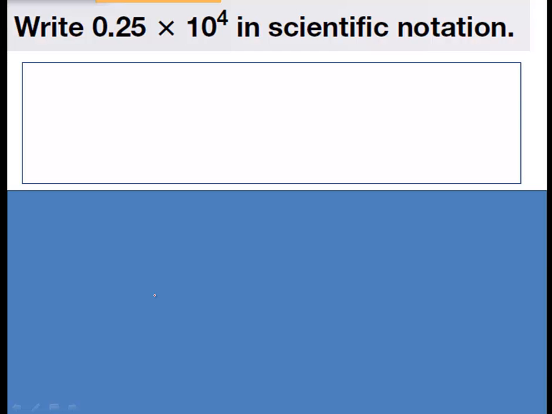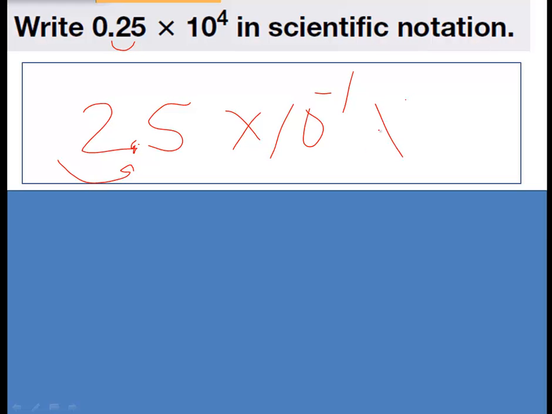All right, so now here, if we move it 1 to the right, that's a negative, right? That's getting smaller. So we're going to say that's going to put it at 2.5. When we move it 1 to the right, it becomes 2.5 times 10 to the negative 1. And then we do that times 10 to the 4.